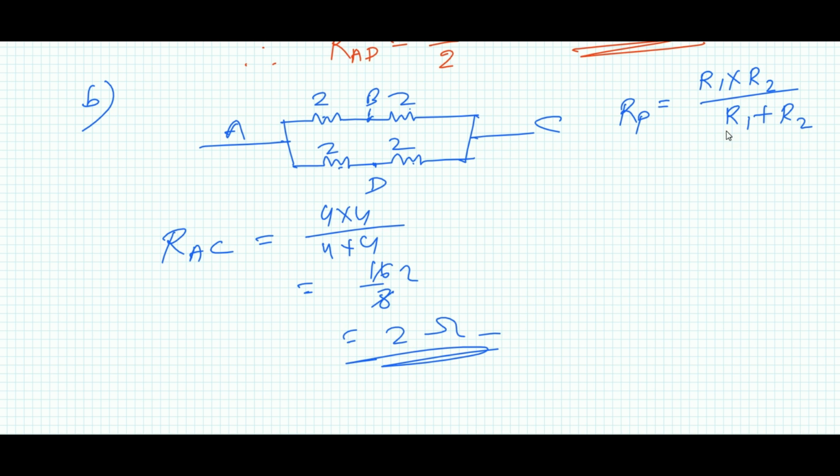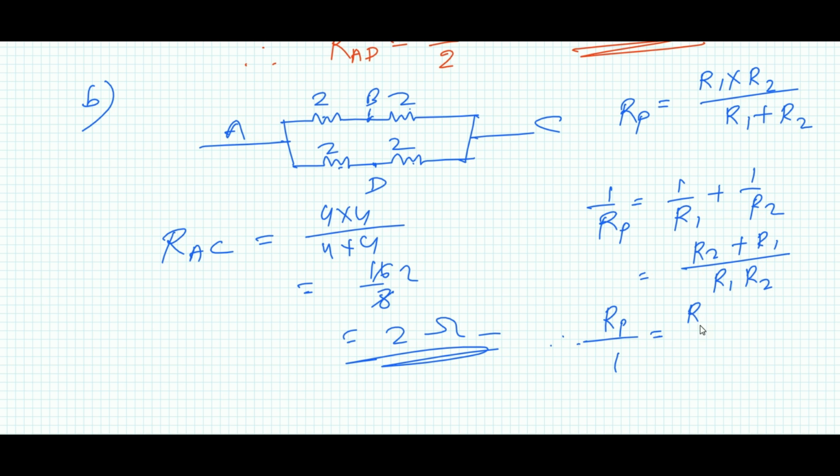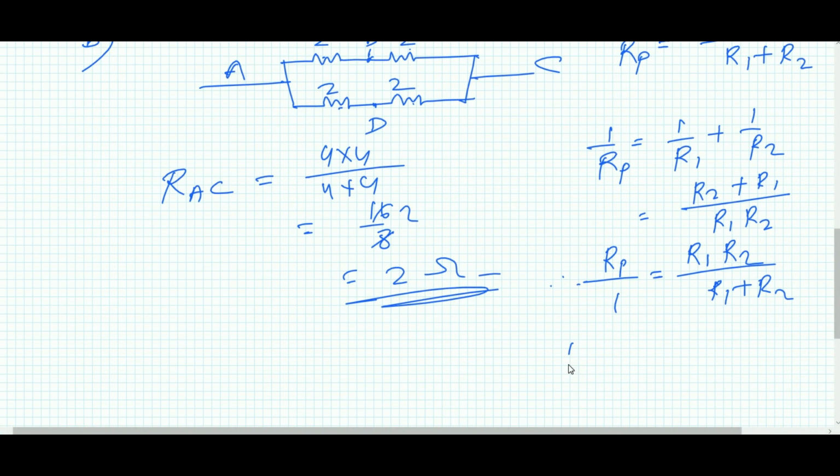Very simple. How this is derived, I want to show you here. 1 by RP equals 1 by R1 plus 1 by R2, right? The LCM is R1 and R2, so it becomes R2 plus R1 over R1 R2. Therefore, inverting this, RP becomes R1 R2 by R1 plus R2, and this is nothing but what I have written first.